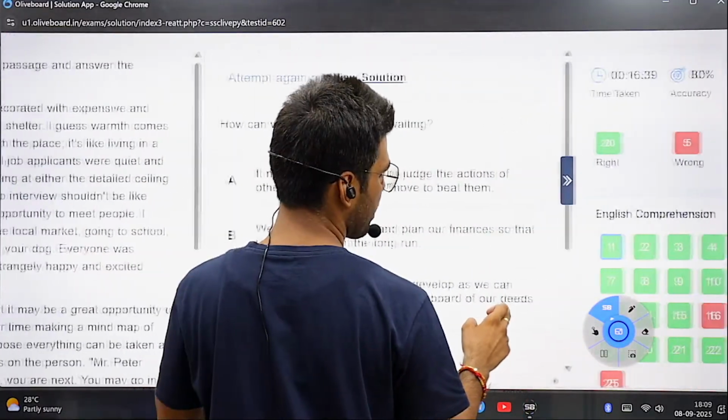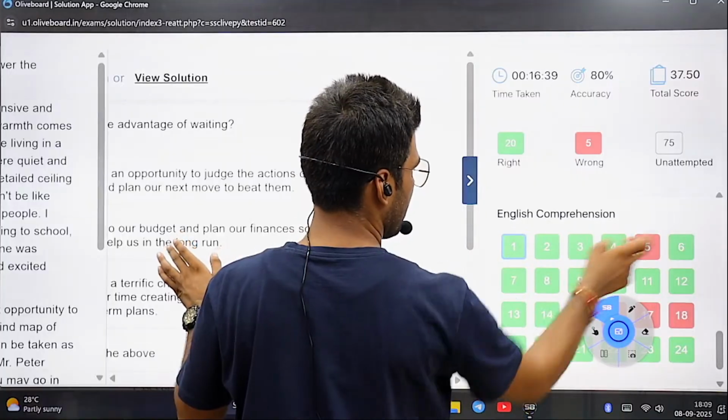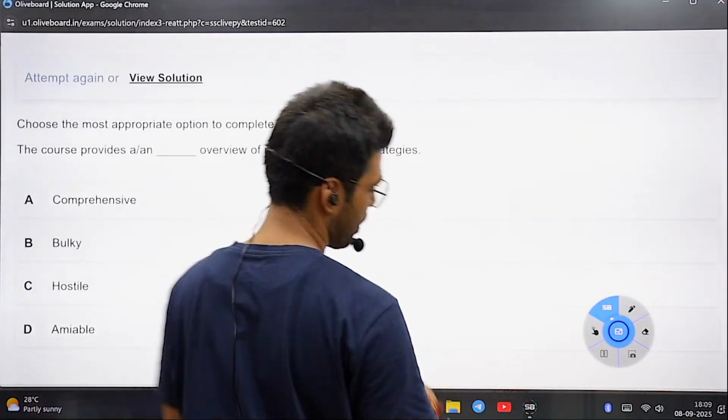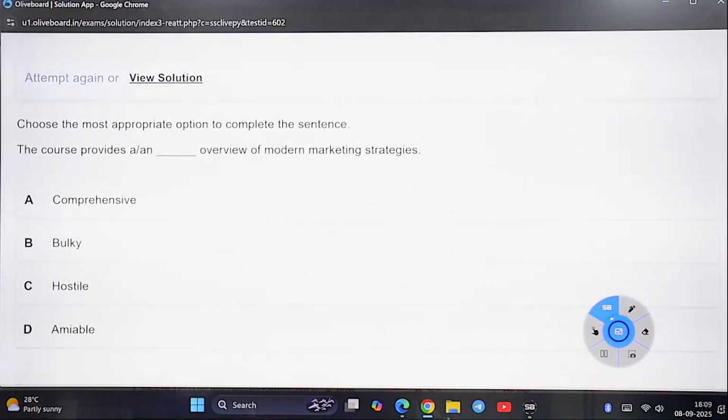I won't show the RC first. I'll show this one first. Reducing brightness so that it is clearer to you.